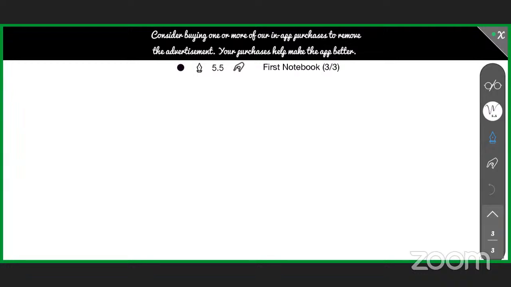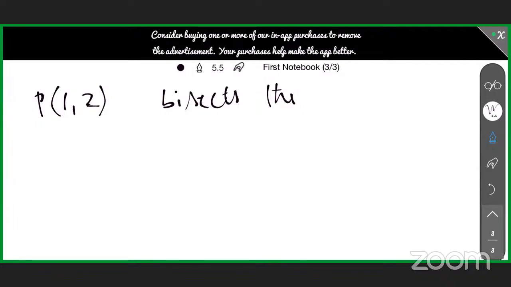There is one equation of a line passing through the point (1, 2), such that this point P bisects the line, which is parting the intercepts between the axes.